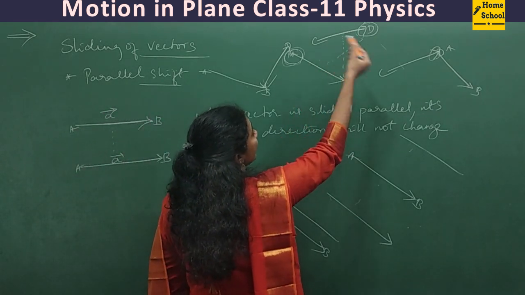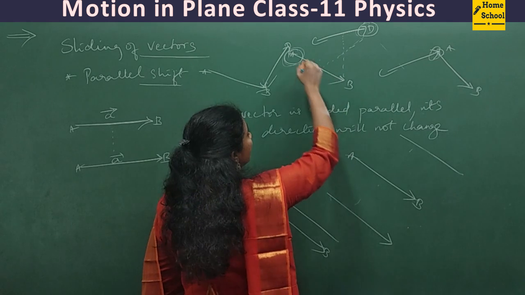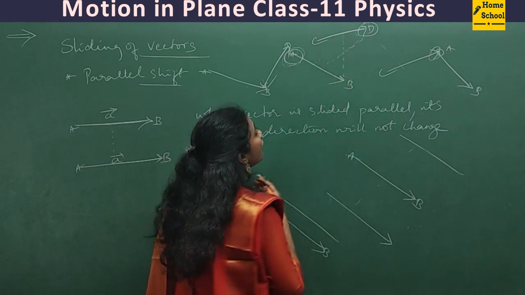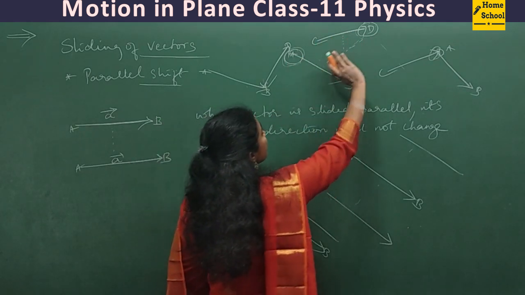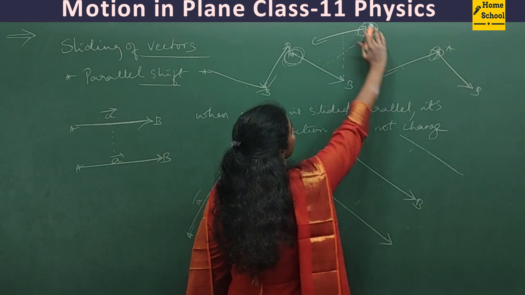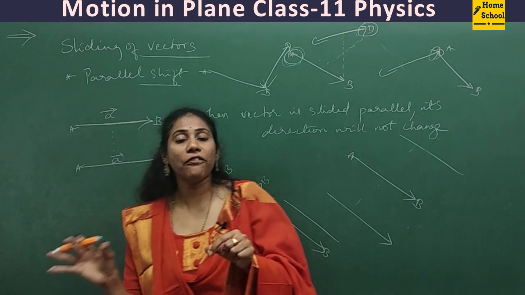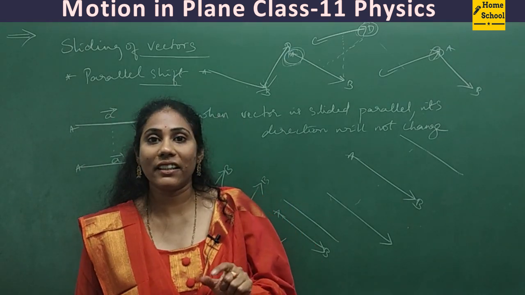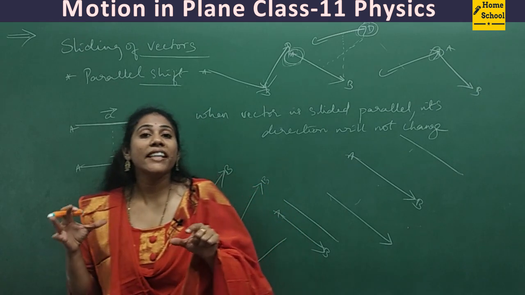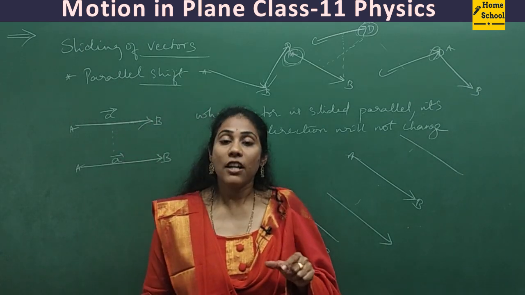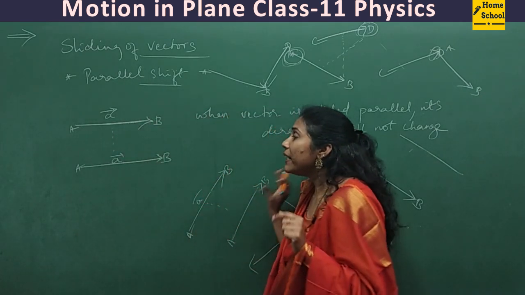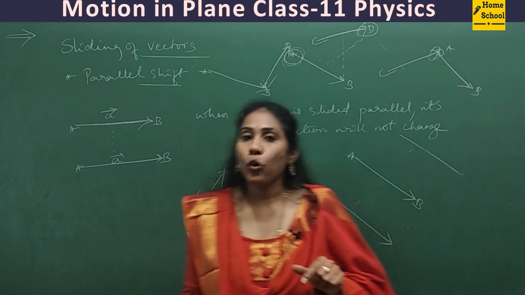If I want a connection between the tail of one vector and the head of another, I can always shift one vector parallelly. These things are very useful for vector additions, so parallel shift is one important thing that you need to look over.